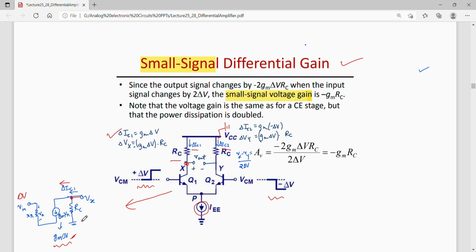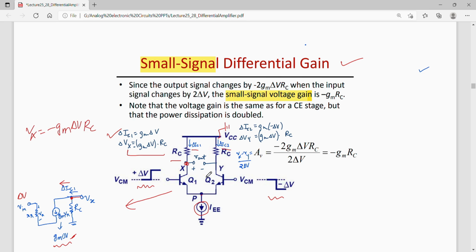This should be negative since it's a common emitter configuration's output. So one can write Vx as minus GM times delta V times RC.